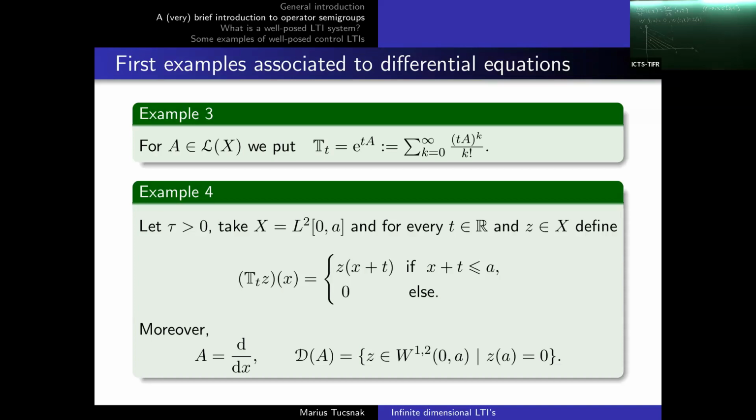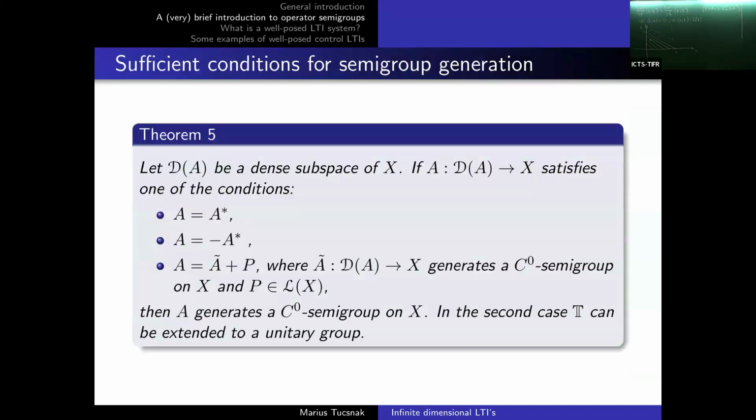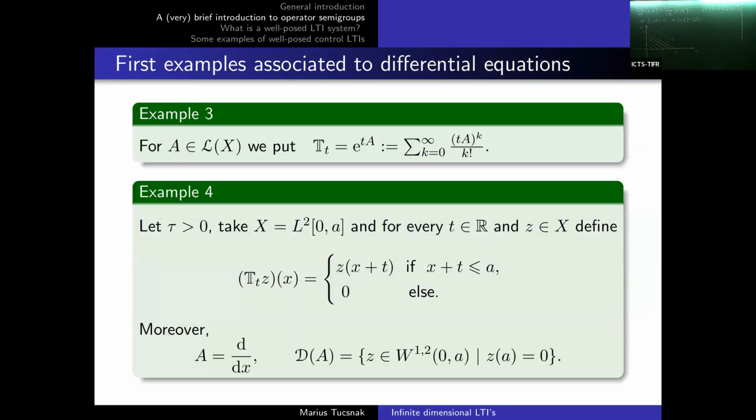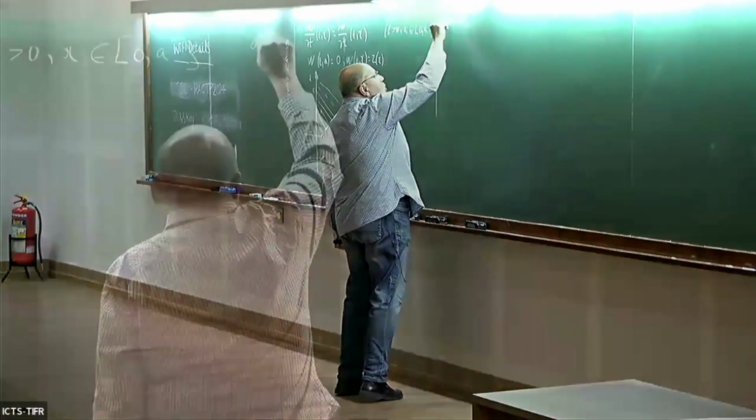I can give other examples of similar simplicity. Maybe this is also an example which can be interesting. Did I write it here? Not yet. So a second example will be if I take the heat equation on an interval.